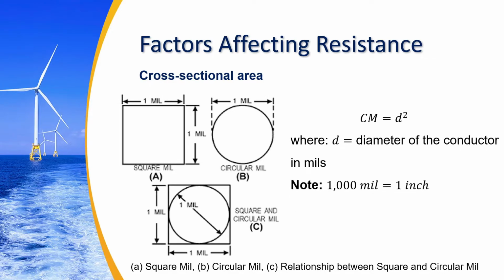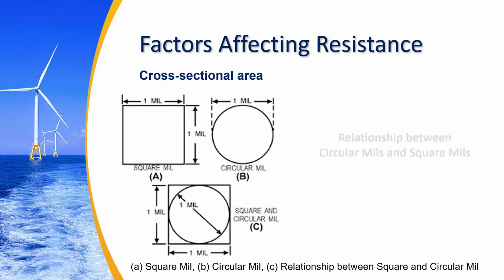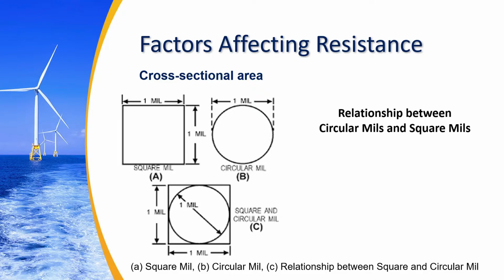Take note na yung 1,000 mil ay 1 inch ang equivalent niya, at yung 1 MCM o circular mil ay 1,000 circular mil. This is the relationship ng circular mills at square mills: meron tayong 1 circular mill na equivalent sa pi over 4 square mill.